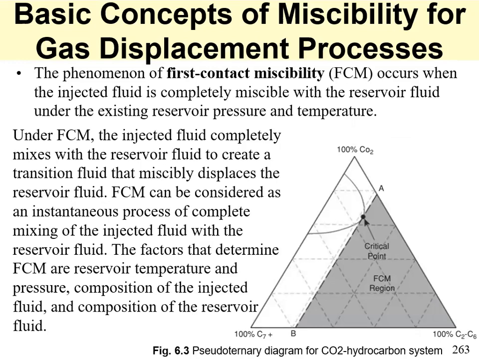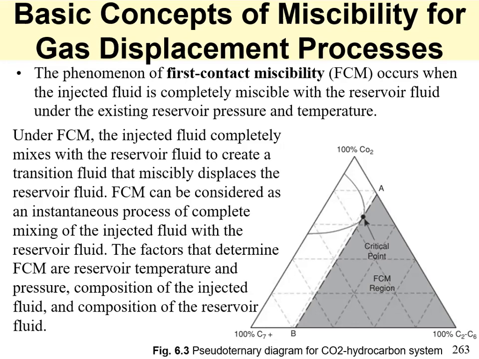First contact miscibility occurs when the injected fluid is completely miscible with the reservoir fluid under the existing reservoir pressure and temperature. Under first contact miscibility, the injected fluid completely mixes with the reservoir fluid to create a transition fluid that miscibly displaces the reservoir fluid.